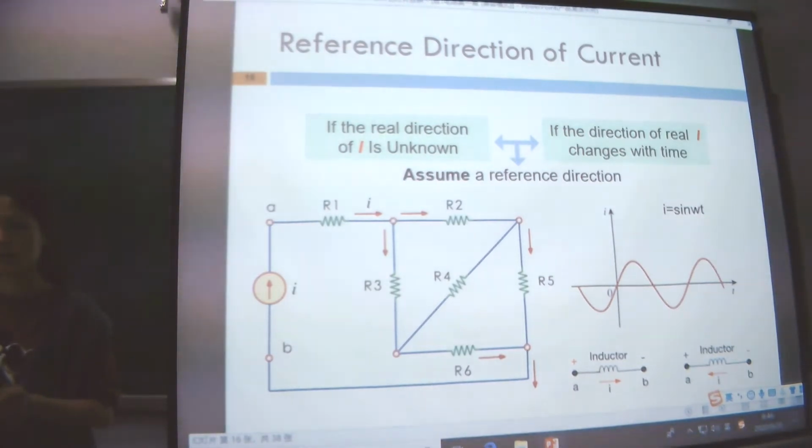Think about this. Why do we have to define this? From the perspective of mathematics, tell me why we need to define a reference direction of current.